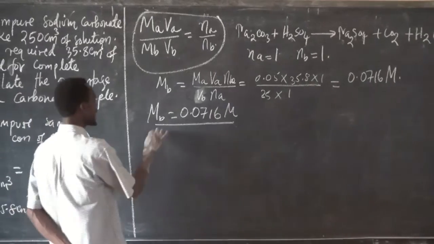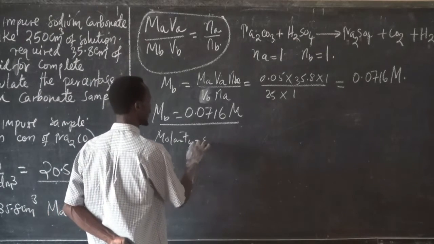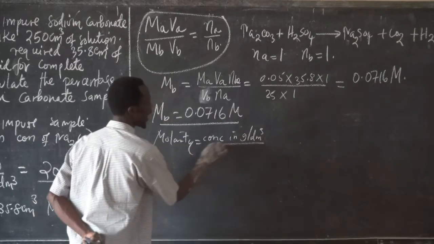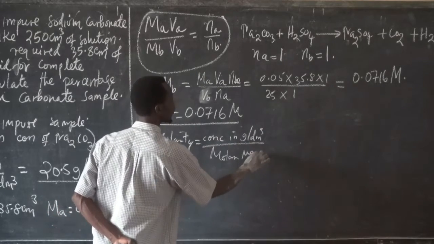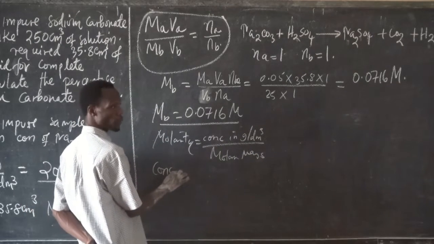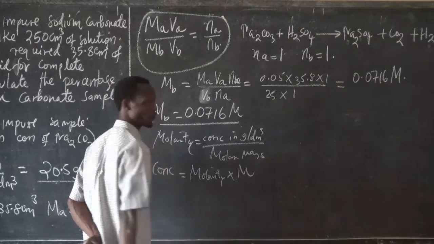Now if molarity of base is 0.0716, we know molarity is equal to concentration in gram per decimeter cubed over molar mass. After cross multiplying, concentration is equal to molarity times molar mass.